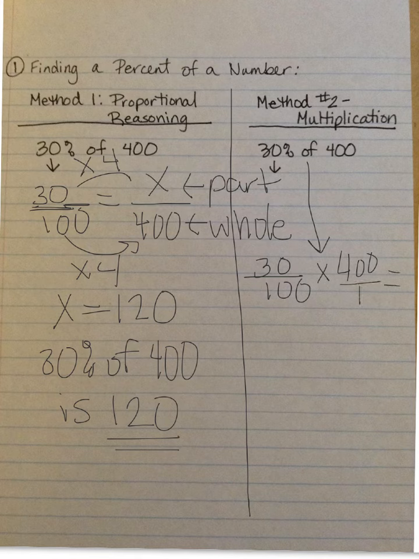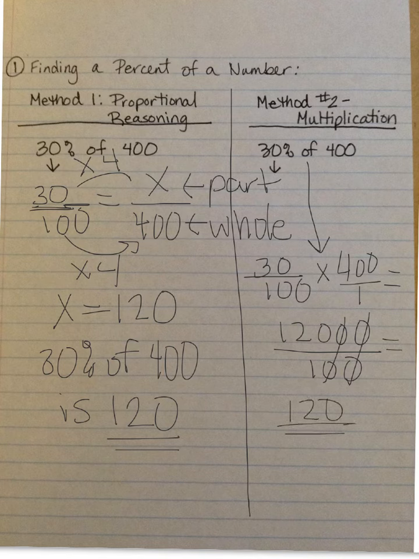So now I just multiply those across, and 30 times 400 is 12,000, and 100 times 1 is 100. And then I'm going to divide that, and one thing you can do is cross out zeros to make it a little easier, which becomes 120 over 1, which is 120, and I get the same answer.